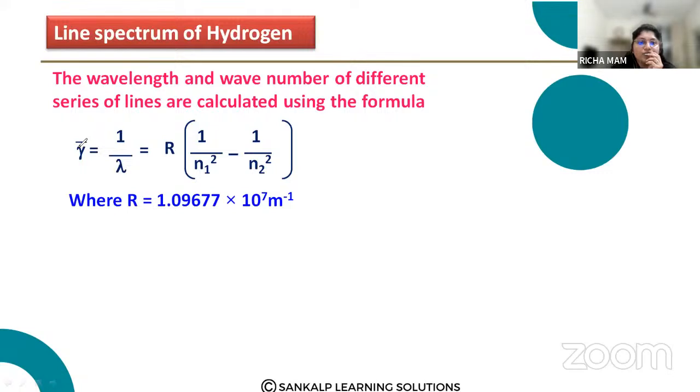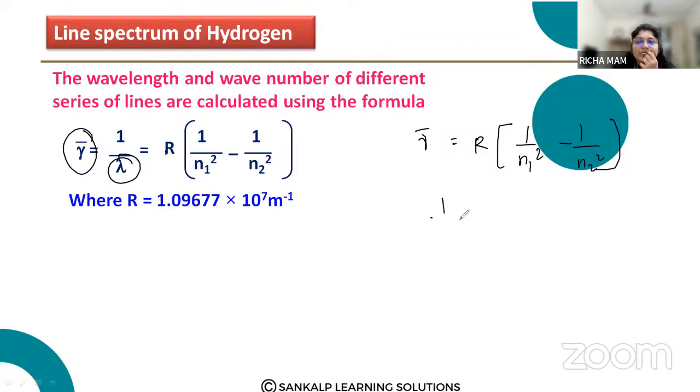If you want to calculate the wave number mu bar, mu bar is equal to 1 by lambda, which is equal to R into 1 by n1 square minus 1 by n2 square. So lines of hydrogen spectra can be given by mu bar or by lambda. If they ask you mu bar, then it will be R into 1 by n1 square minus 1 by n2 square.